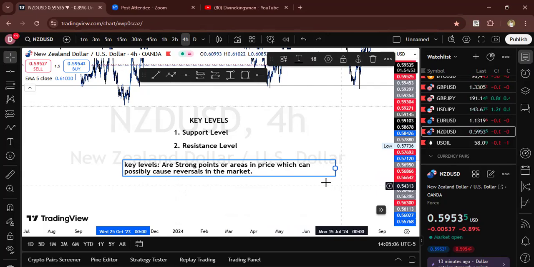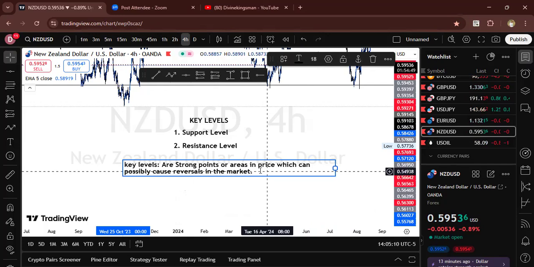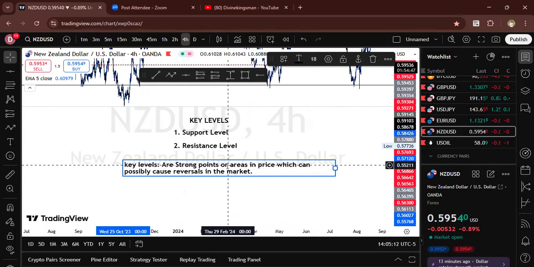They are areas or points in which price can possibly cause reversals in the market. This is what key levels are.